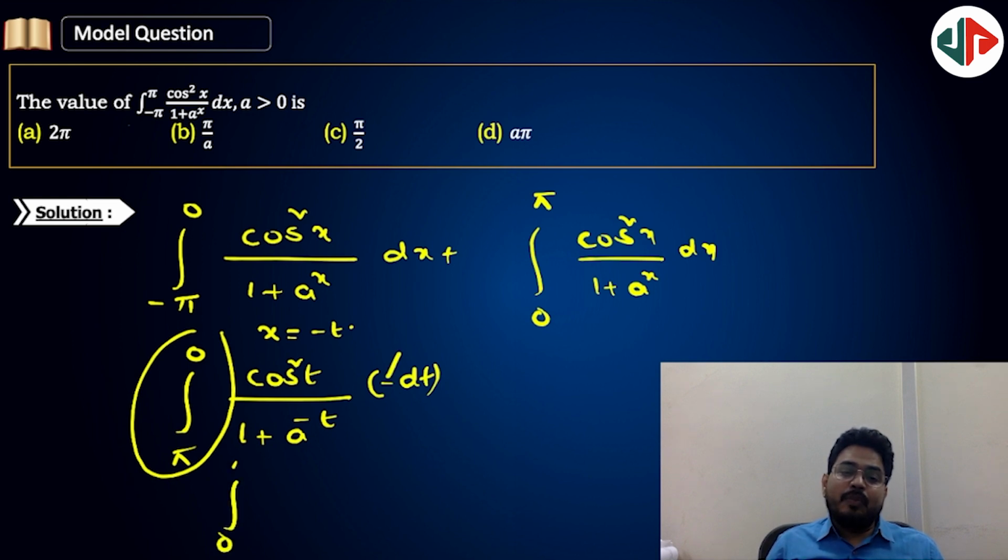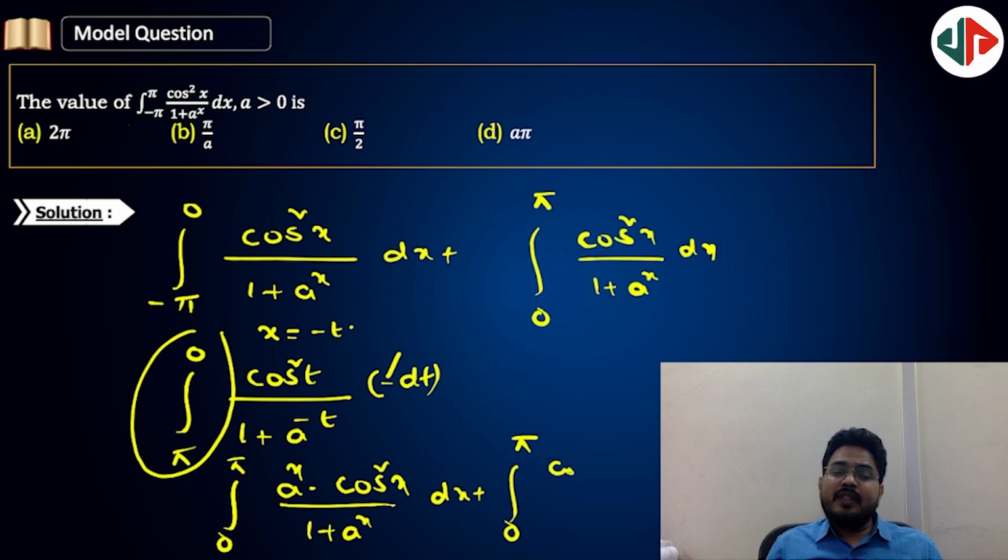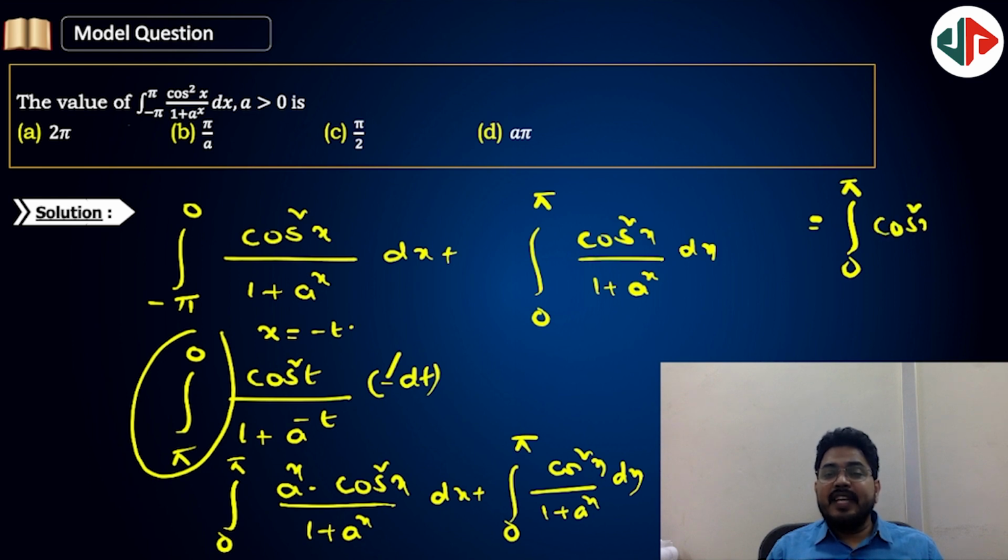And so what will happen? Integral 0 to pi. This is a power t. Instead of that one, you write a power x, there is no problem. Cos square x by 1 plus a power x dx plus integral 0 to pi cos square x by 1 plus a power x dx. So when you add this up, this value becomes integral 0 to pi cos square x dx.